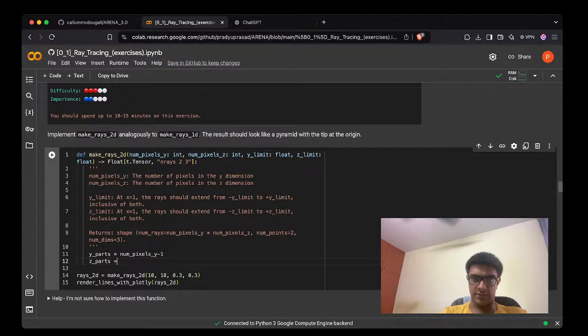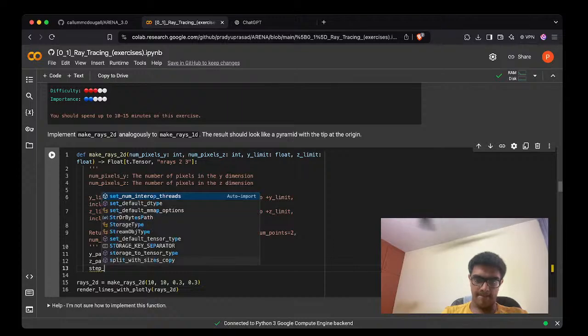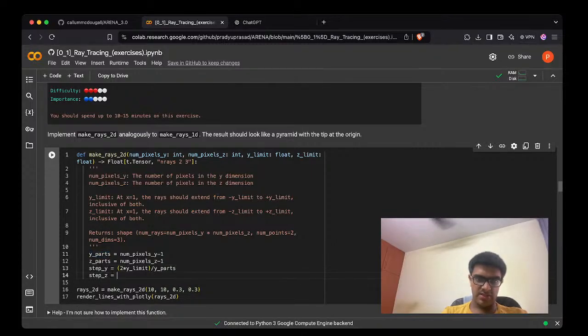Z parts equals num pixels z minus 1. Step y equals 2 times y limit slash y parts. Step z equals 2 times z limit slash z parts.